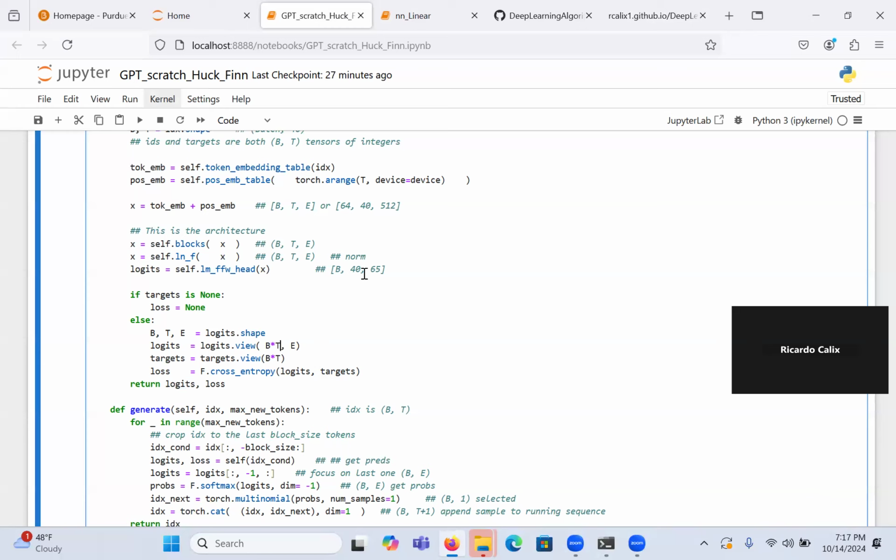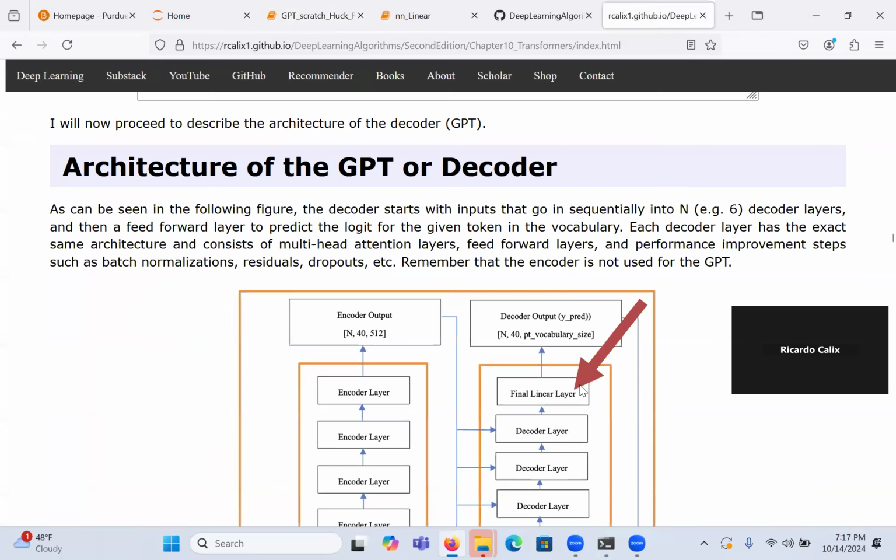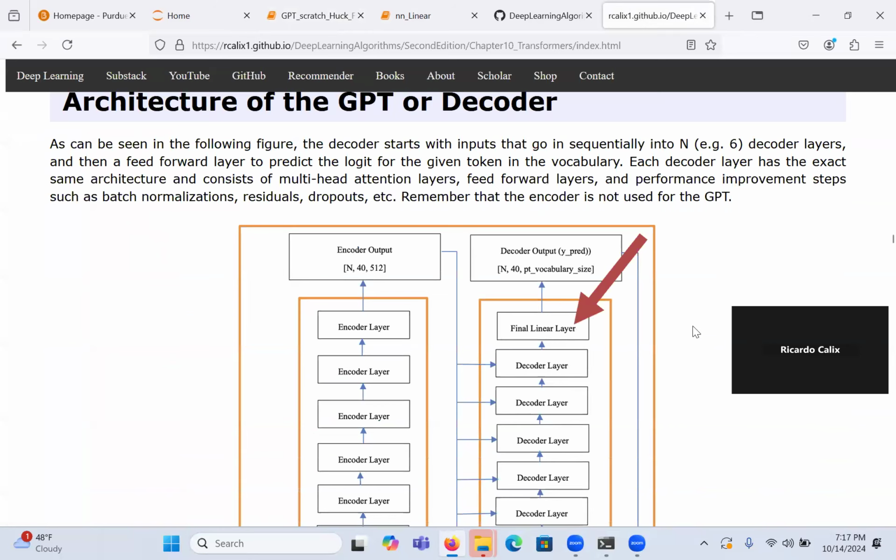Did that make sense? So, n by 40 by 512. Remember, this is something that can be confusing. When we train a GPT, we use teacher forcing, which means we always give it real data, shifted, so that it doesn't generate incorrect things and then train on incorrectly predicted things. So n by 40 by 512, but really it can be n by 3 by 512.